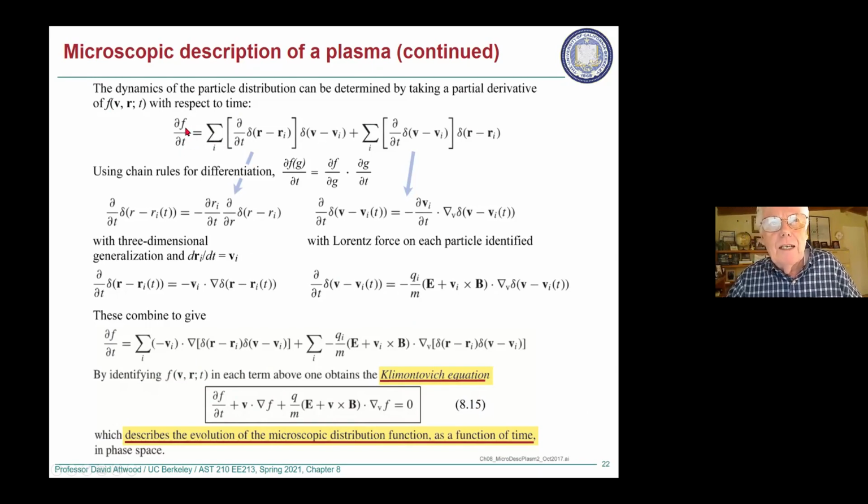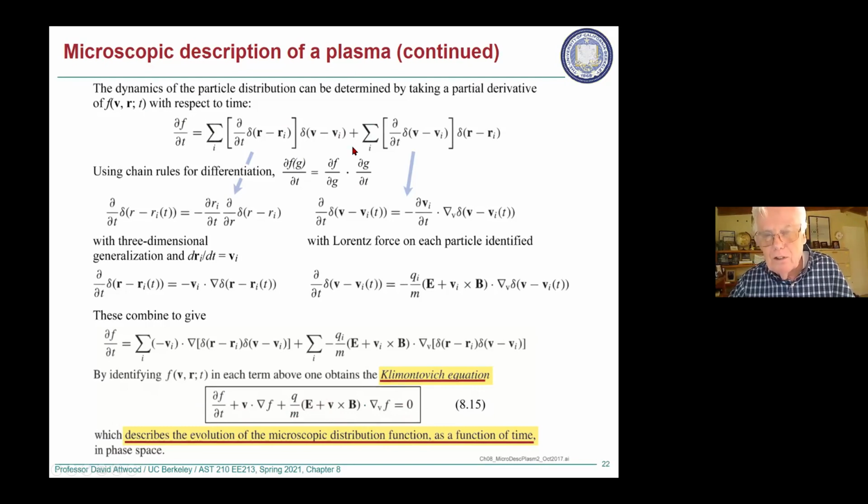And then you do some integrations and you apply Lorentz forces, and you get this equation, which is called the Klimontovich equation. It's how F, that stochastic quantity, varies with time, okay? So it describes the evolution of a microscopic particle distribution function as a function of time. And so this is it.